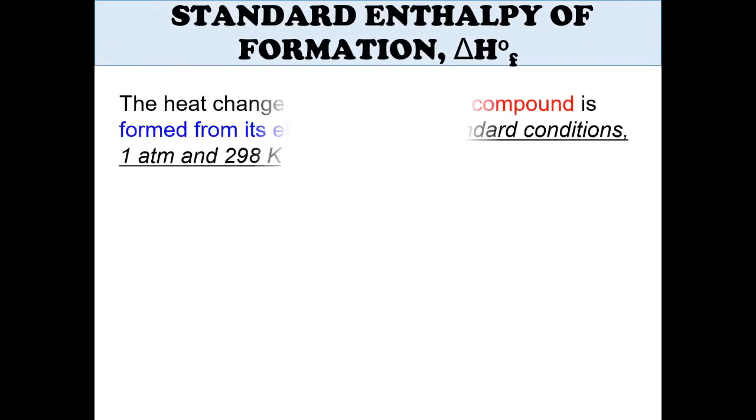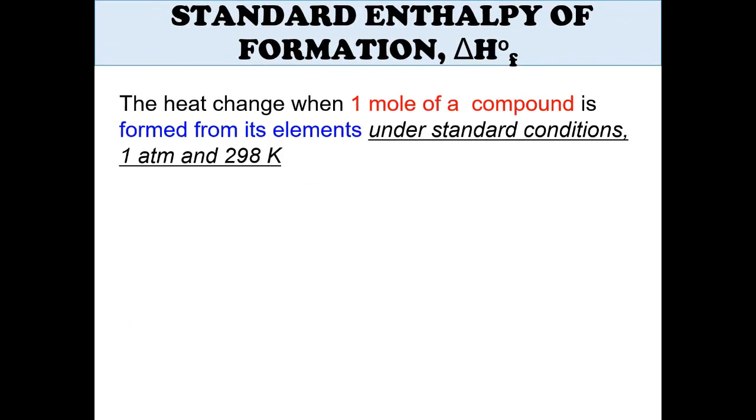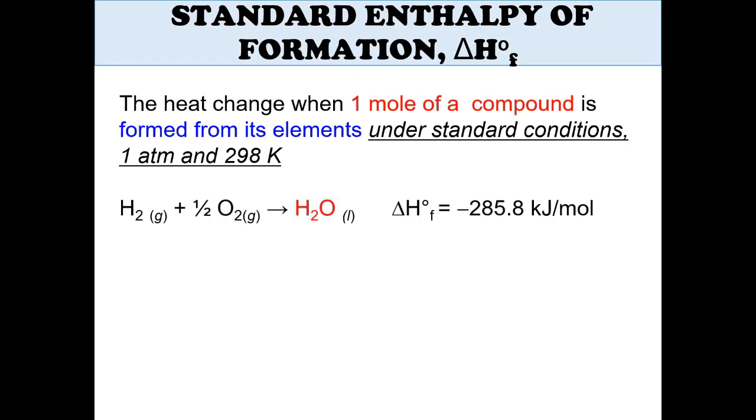Standard enthalpy of formation, delta H naught F. The heat change when 1 mole of a compound is formed from its elements under standard conditions, which are 1 atm and 298 Kelvin. Example, H2 gas plus half O2 gas produces H2O liquid. Delta H naught formation equals negative 285.8 kJ per mole.